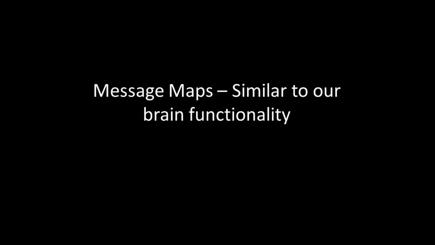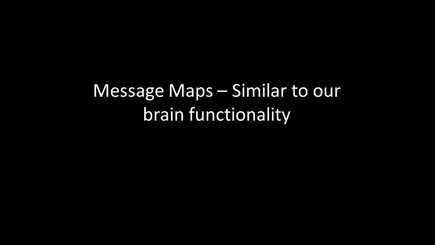Now let's see how our brain works. For any event, we have a set of instructions recorded in our brain, correct? When you say eat, that is a trigger, so there is a set of functions or actions recorded in our brain.